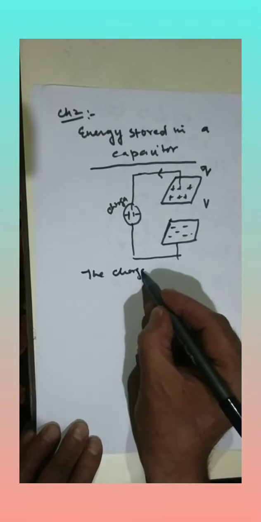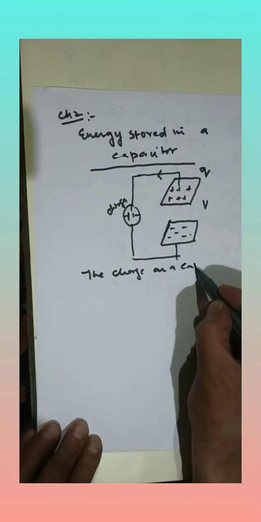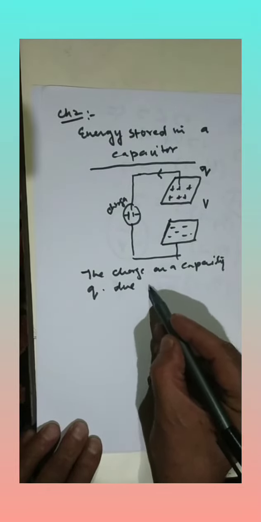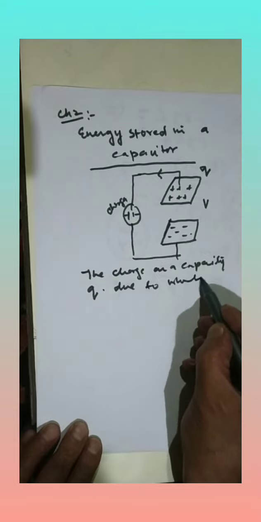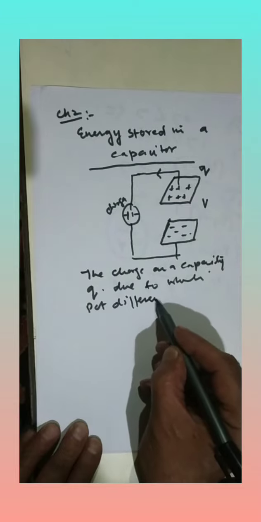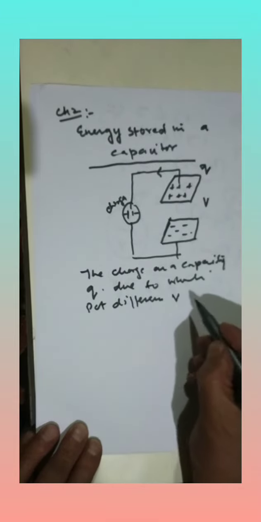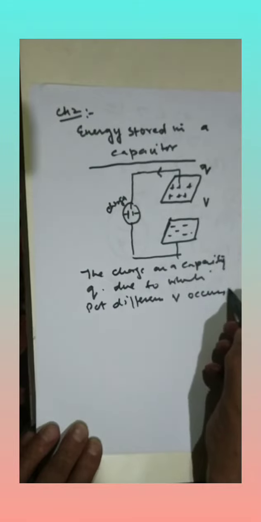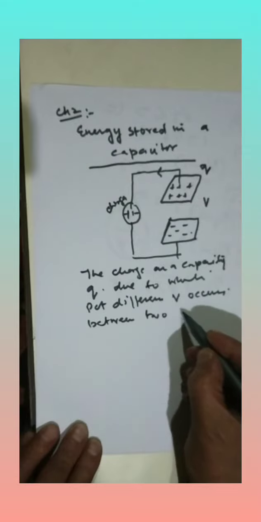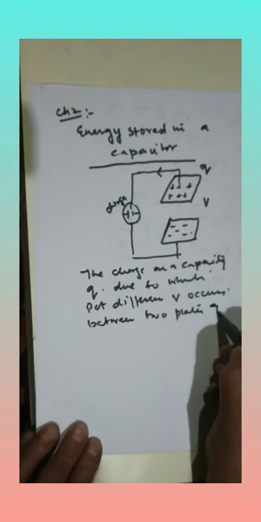Now, suppose at any time the charge on the capacitor is Q, due to which potential difference V occurs between two plates of the capacitor.